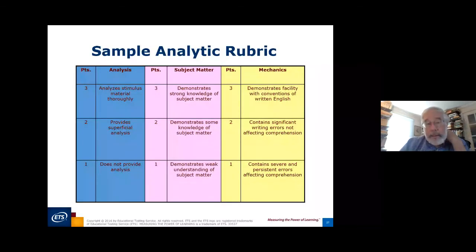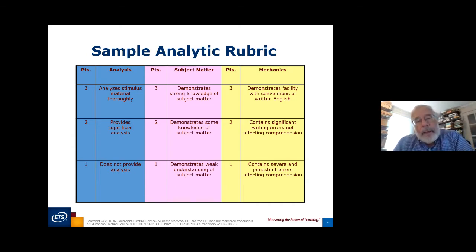Analytic, on the other hand, tries to give different elements and then gives scores on each of that. And in this scoring, I don't even remember what this one comes from. There's a 3-point scale, 1, 2, and 3. There are 3 areas: analysis, subject matter, and mechanics.